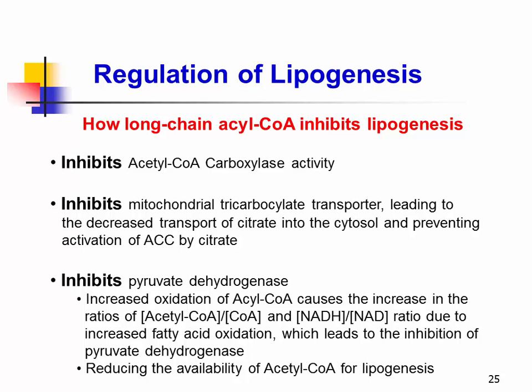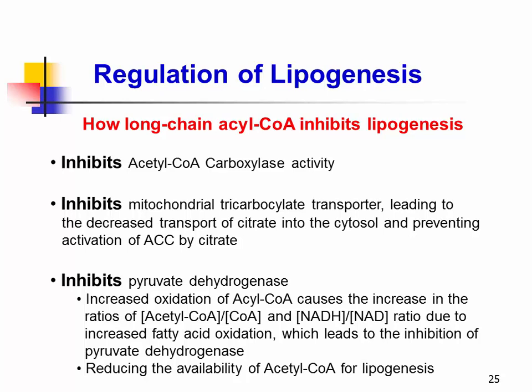And lastly, long-chain acyl-CoA also inhibits pyruvate dehydrogenase. We know pyruvate dehydrogenase is the enzyme that catalyzes the conversion of pyruvate to acetyl-CoA, the production of acetyl-CoA.